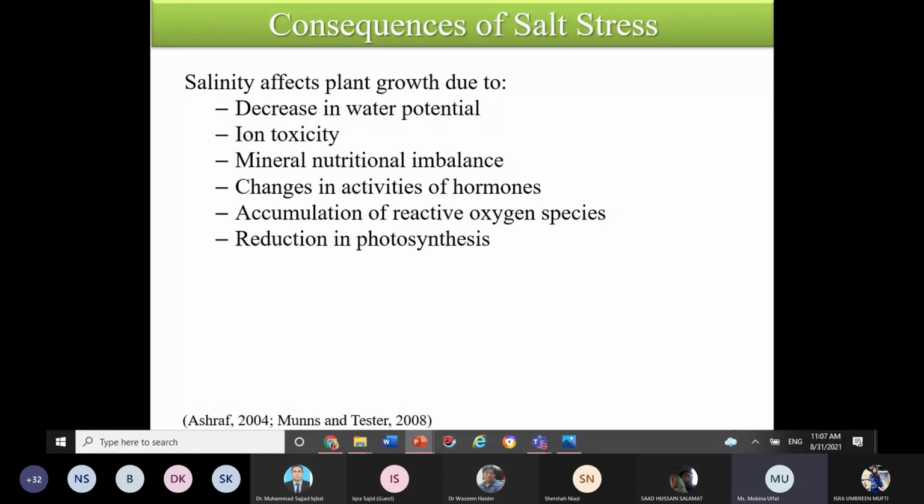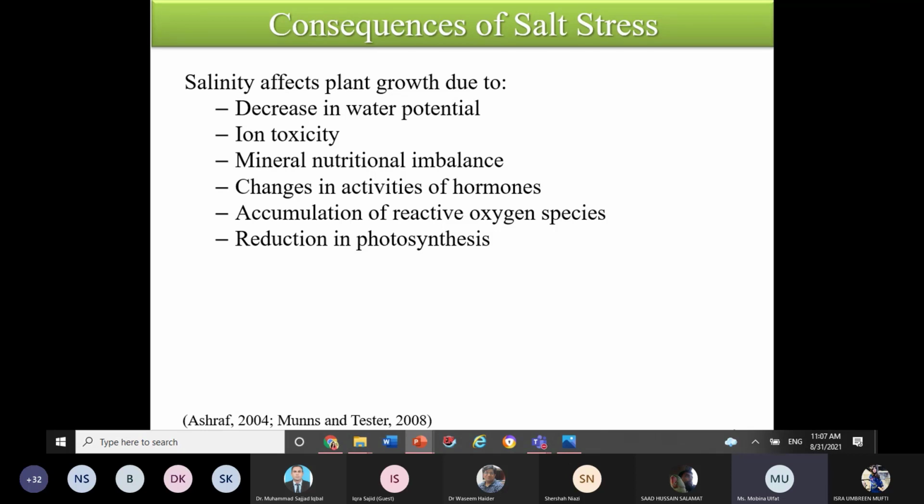If they are somehow able to take up water, they have to accept unwanted salts along with it. That uptake of unwanted or toxic ions is called ion toxicity, which is generated within the cells of the plant because the ions were not required, but due to osmotic regulation of water uptake, the plant had to take up those salts. Then, if these salts are taken up, they trigger nutritional imbalance.